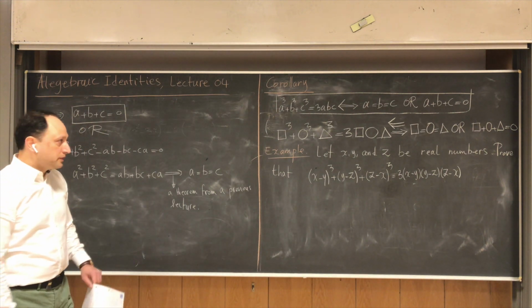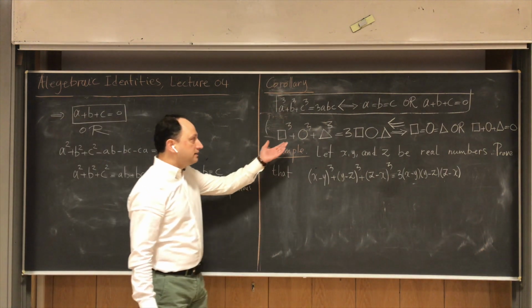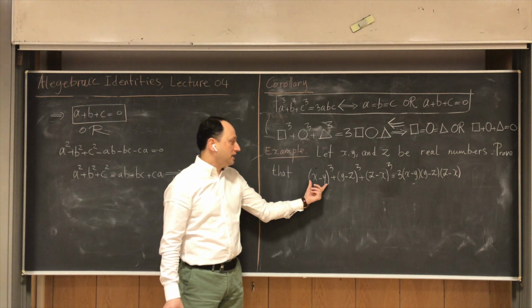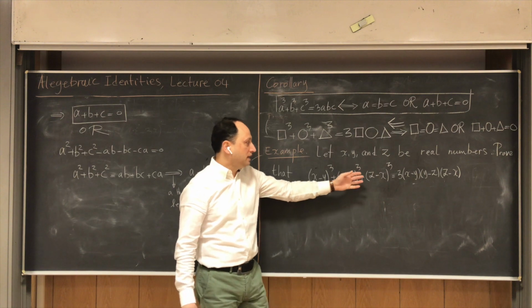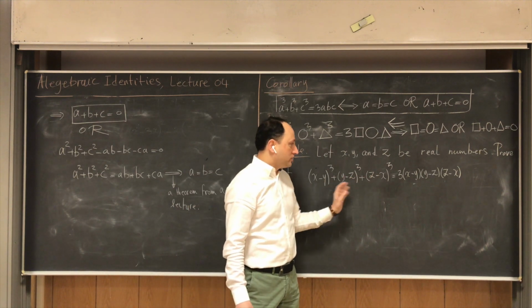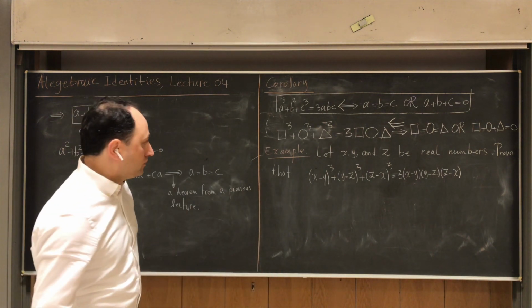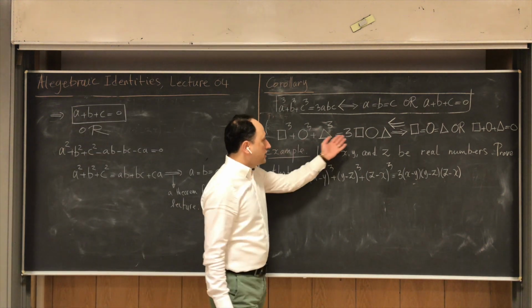Of course, you really don't need to know this in the first place. You can be patient, raise this to power 3, raise this to power 3, add them, put it aside, multiply them, and then compare them. Yes, you can do that, but this is a very nice way to do it.